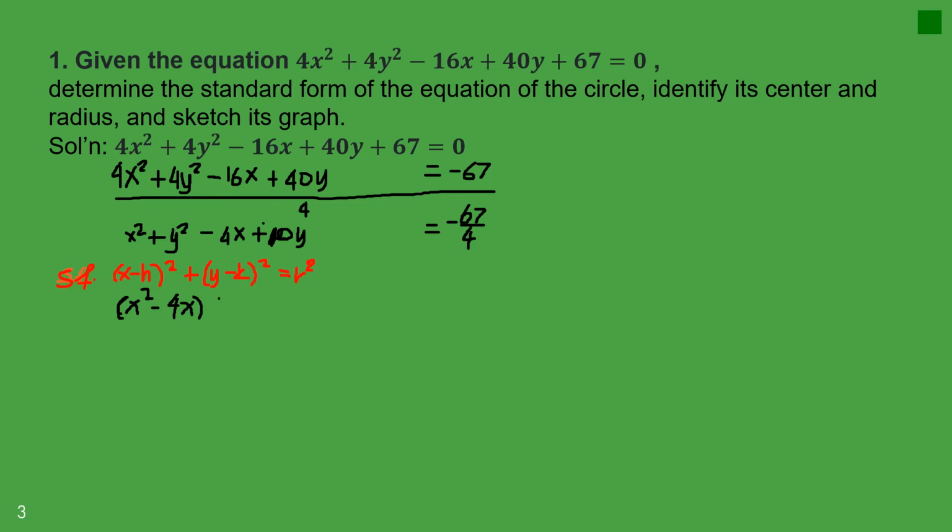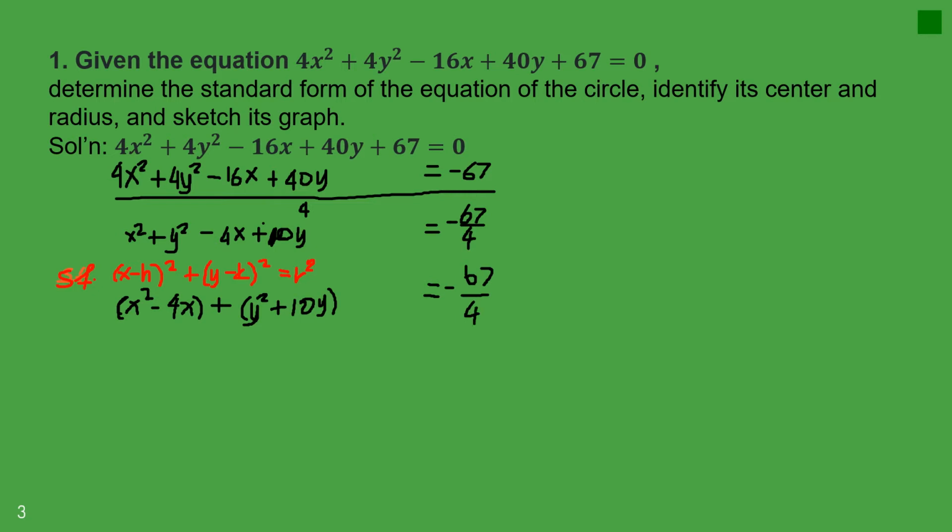Plus, we have y squared plus 10y, equal to negative 67 over 4.